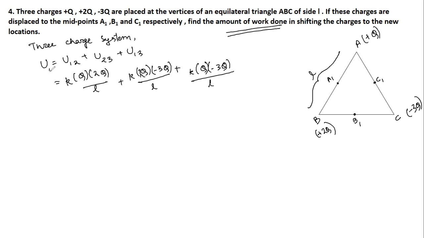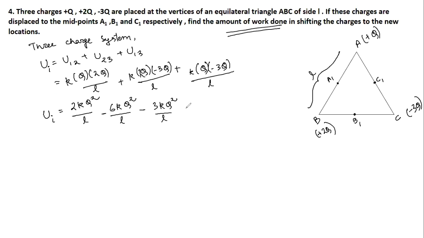So this is the way our initial potential energy is. That's why I give the index i. So you have 2KQ square by L, plus, with a negative sign, 6KQ square by L, and minus 3KQ square by L. So this will be our net potential energy in the initial condition.